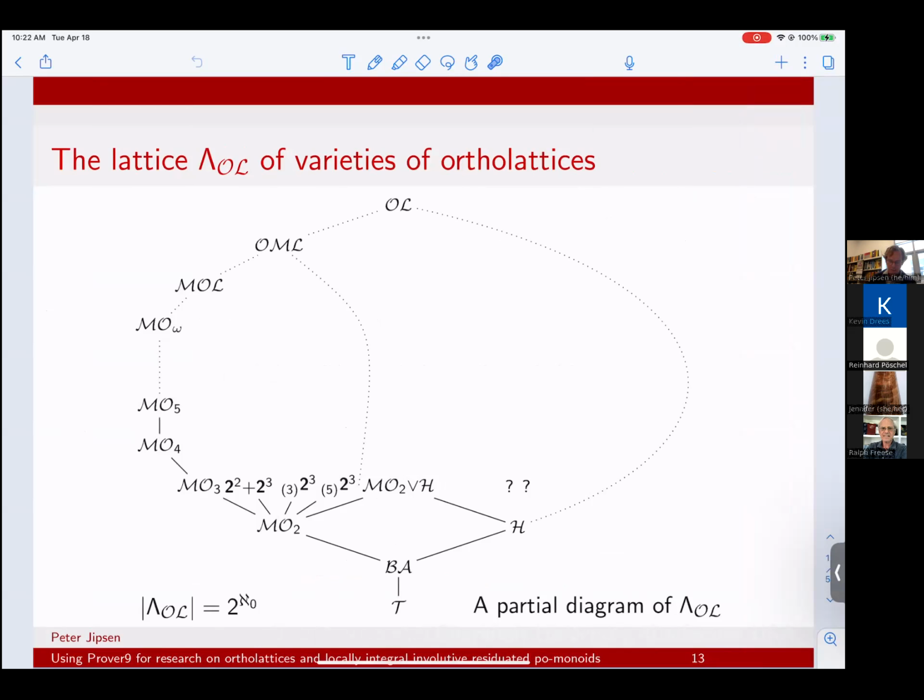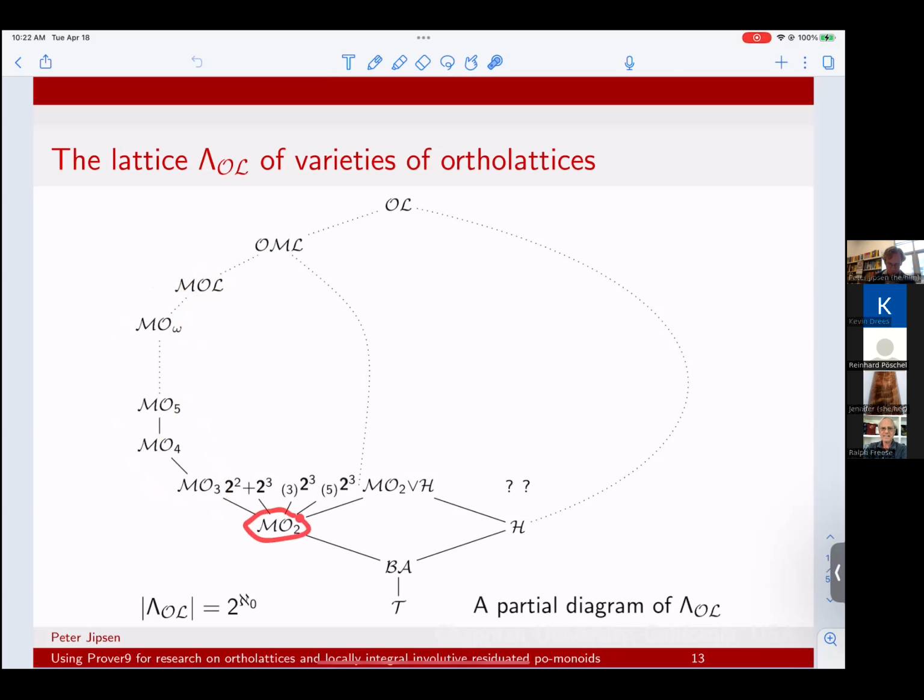For ortholattices, you have all of them, the orthomodular ones, then the modular ortholattices, that's a proper subvariety. Then you have this chain going up with the odd numbered, the even numbered elements on the MOns.